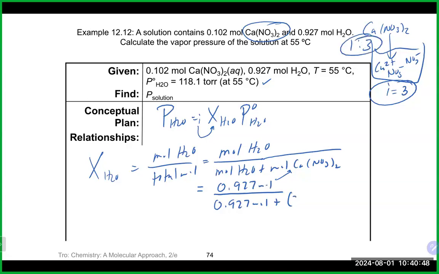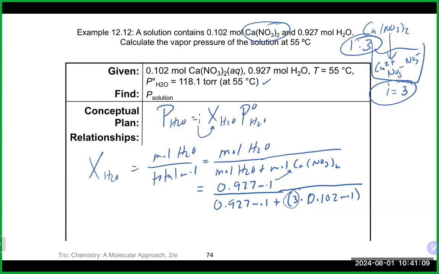So basically 3 times the moles of our calcium nitrate. Again, because we basically get 3 particles for every one of those that we dissolve in there. So that's where we have to take into account the i in this particular situation.